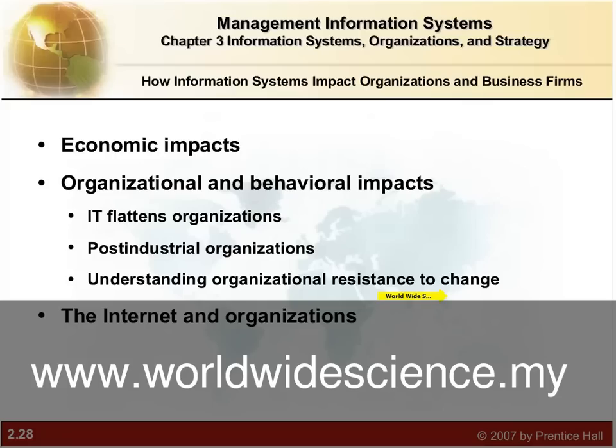We have different levels of managers in an organization, but information systems can reduce the number of levels by providing managers with information to supervise a larger number of workers and by giving lower-level employees more decision-making authority. There are two things here.